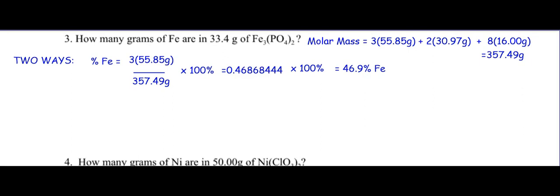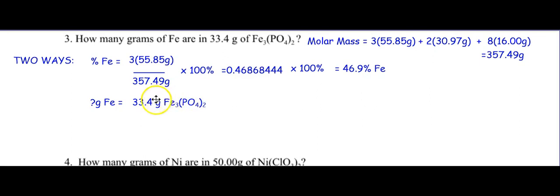All right, well, I want to find out how many grams of iron I have in my sample here. So let me pull this up here. How many grams of iron? I start off with 33.4 grams of the iron 2 phosphate. Notice I'm putting my units down.